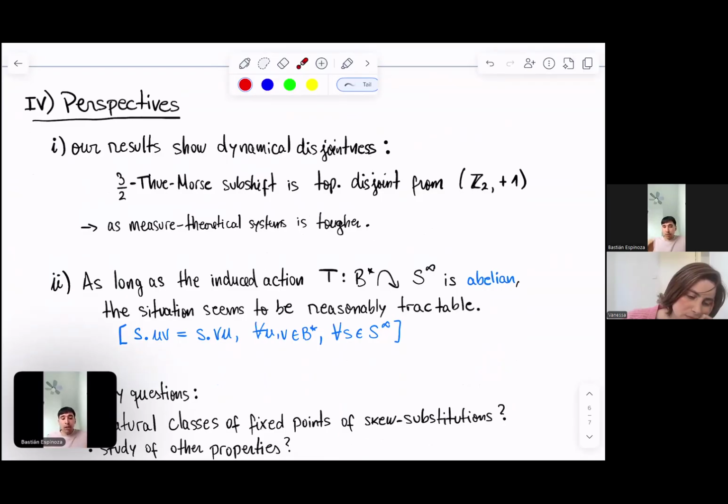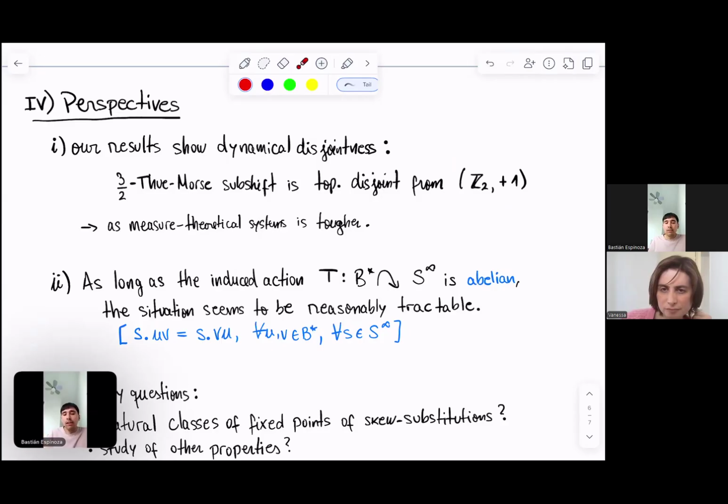What we're doing here, in the topological part at least, is showing that the symbolic dynamical system generated by this 3/2 Thue-Morse word is topologically disjoint from the 2-adic odometer. And it is this that really allows us to obtain some combinatorial symmetries and prove many different things.